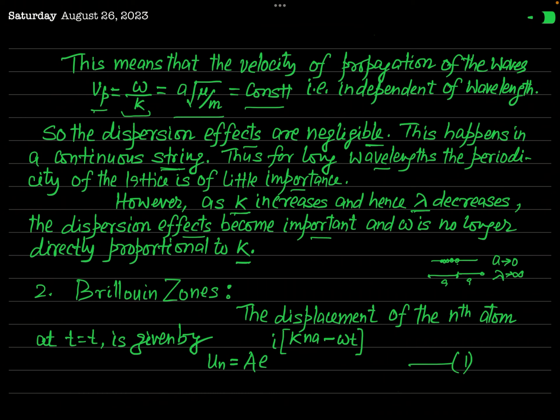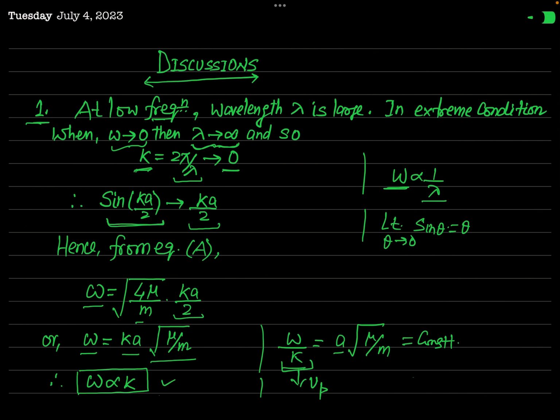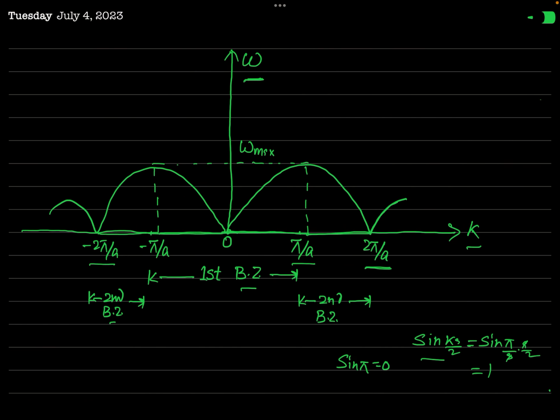Now, as you have seen in the dispersion relation curve that I have told you, the region for which minus pi over a is less than or equal to k, and k is less than or equal to pi over a, this region is called the first Brillouin zone. Okay. You have already studied the concept of Brillouin zone in my previous lecture.